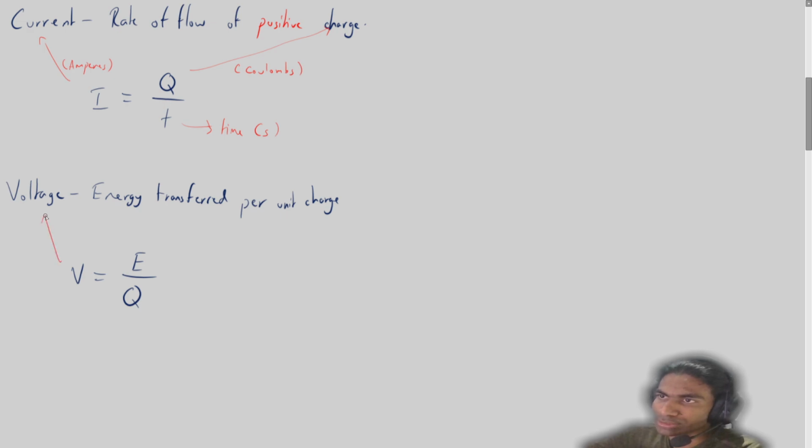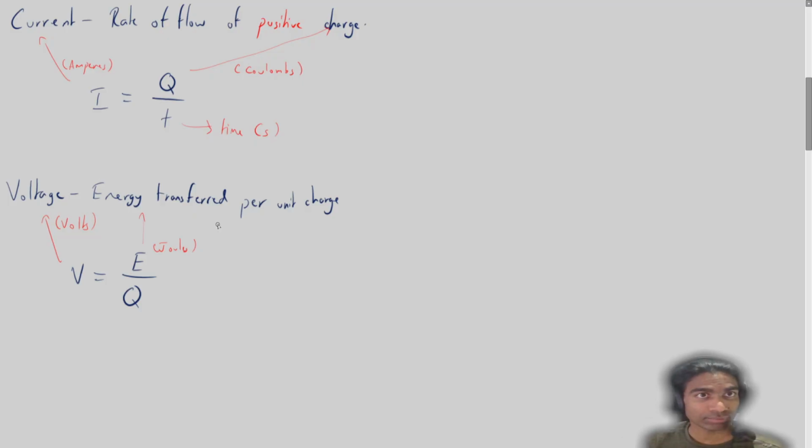So again, this is just the voltage, which is measured unsurprisingly in units of volts, but it's actually named after a scientist named Volta. And then E is the energy, which if you recall is just measured in joules. Okay, so what that means is if you have a battery that's got 6 volts, then that's basically telling you that that battery will give you 6 joules of energy for every single unit of charge that passes out of that battery.